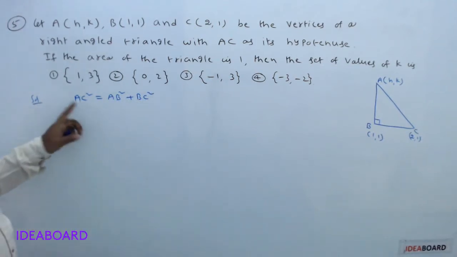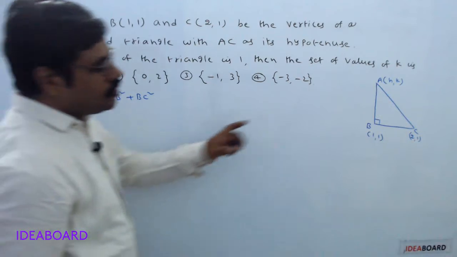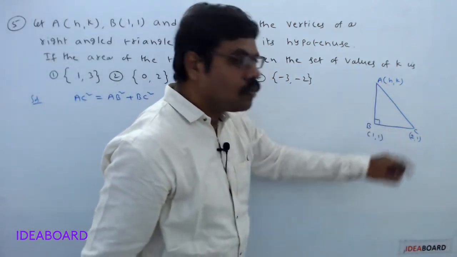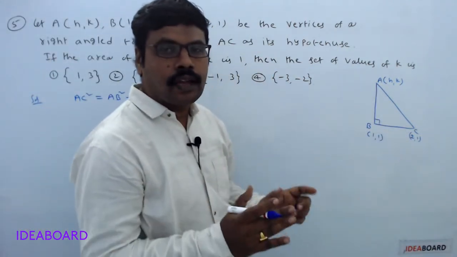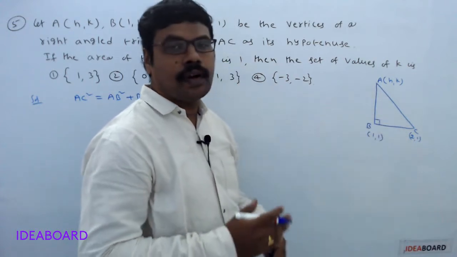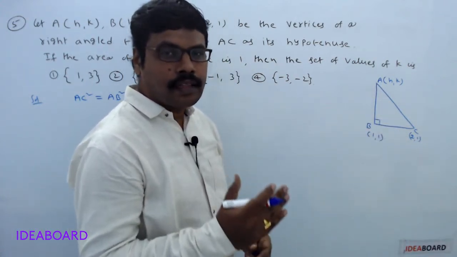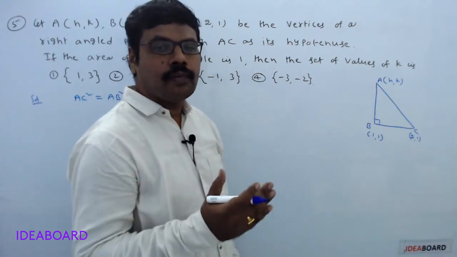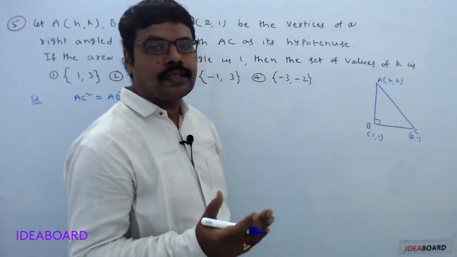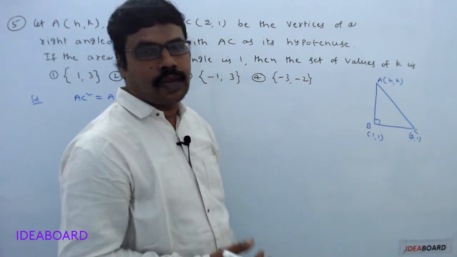Now first, what is the value of AC? Distance between 2 points formula. How to calculate the length of the hypotenuse AC? By using distance between 2 points formula, that is square root of x2 minus x1 whole square plus y2 minus y1 whole square.